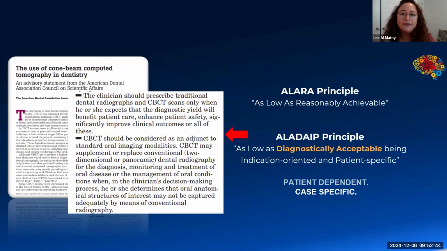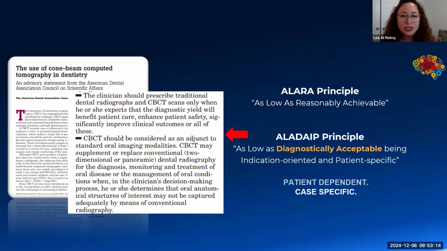Which imaging modality fits best in this specific case for what I'm planning to do or for the patient's symptoms? I think it's easier to develop your own protocol with your team members and say, if we're planning on doing that, you take that CBCT scan with that field of view, with those settings. Or if not, you have other options as well.